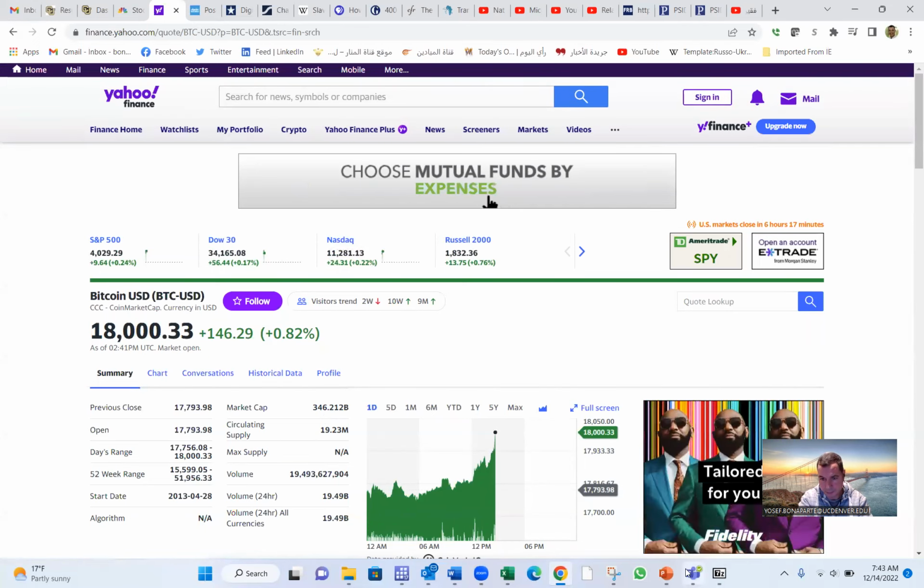Crypto market volume is the number of coins traded multiplied by the average price. PA is the average price. So, for example, let's take Solana. The volume for Bitcoin is $20 billion, or $19.5 billion, in the last 24 hours.